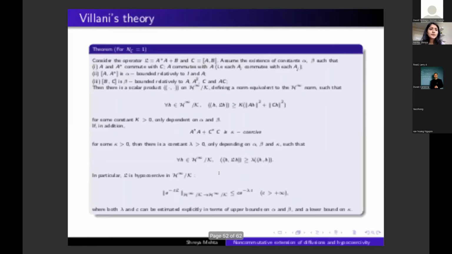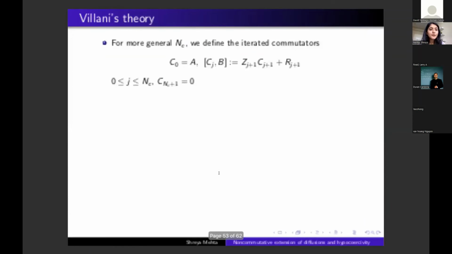And since this theorem is for nc equal to 1, for the general case, we can define the iterated commutators to be C0 as A and Cj as [C_{j-1}, B] = Z_{j-1} C_{j-1} + R_{j-1}, where the Rj are the remainder terms, and the Zj are just the multipliers usually.